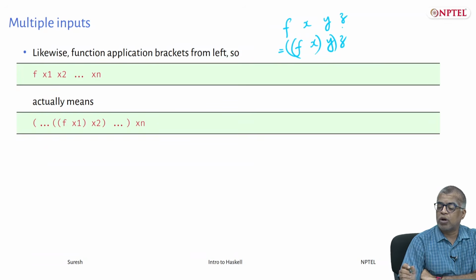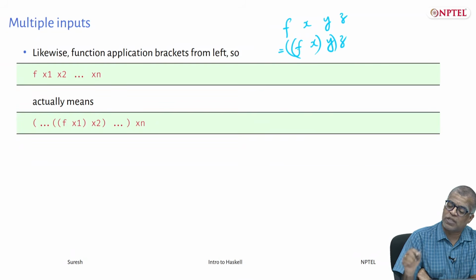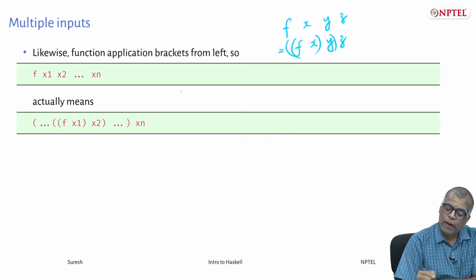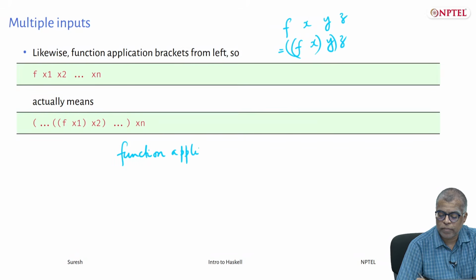Okay, so this is what you will have to actually write, but Haskell automatically supplies these parentheses. Okay, so function application is left associative.